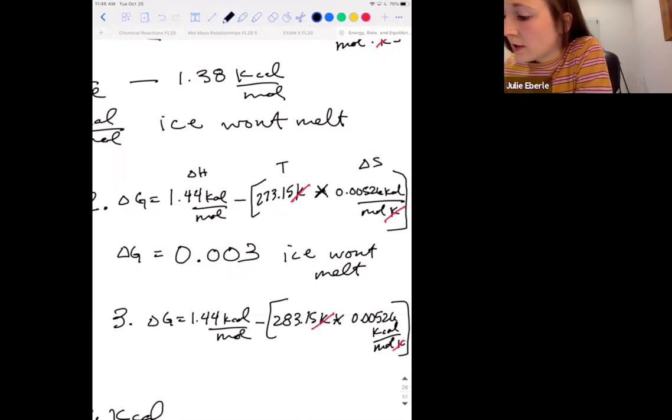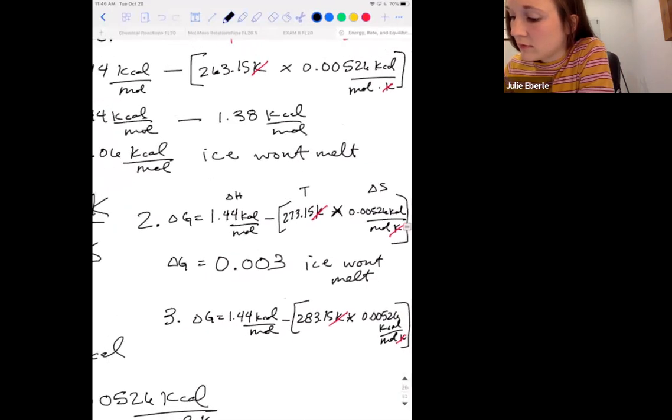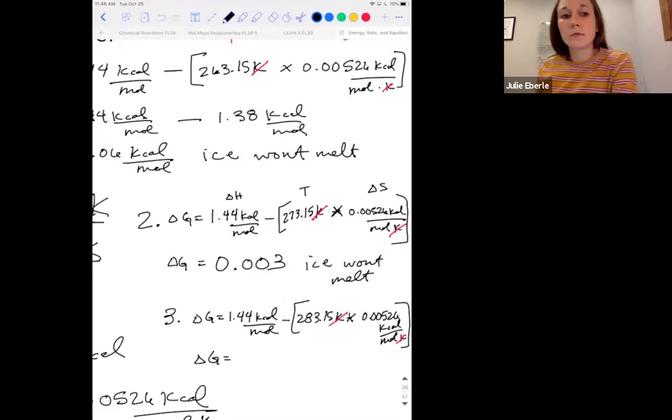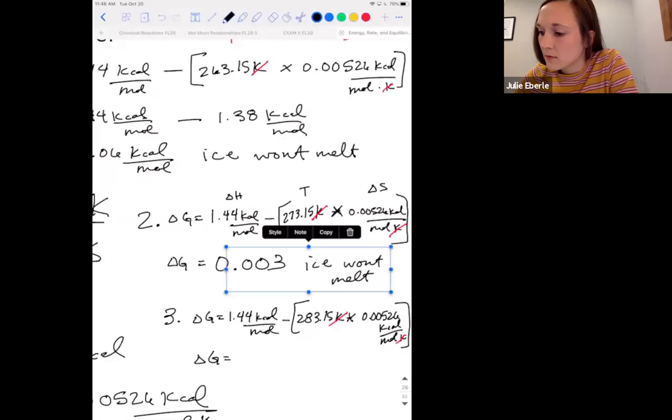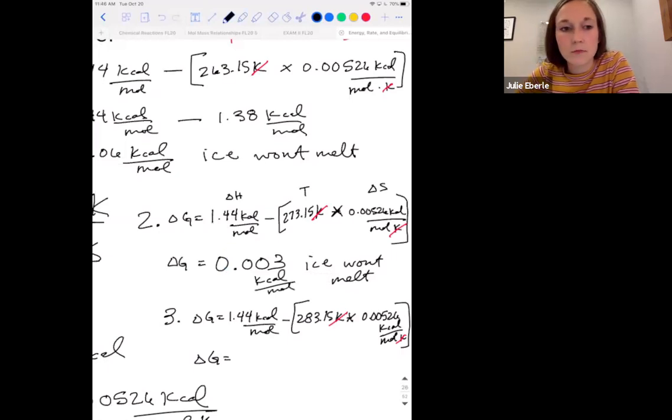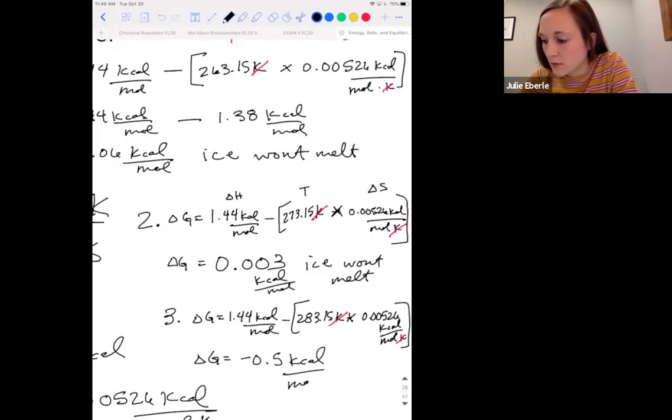And what is now our delta G overall? Negative 0.5 kcal per mole. So we finally have a negative delta G, which makes sense.